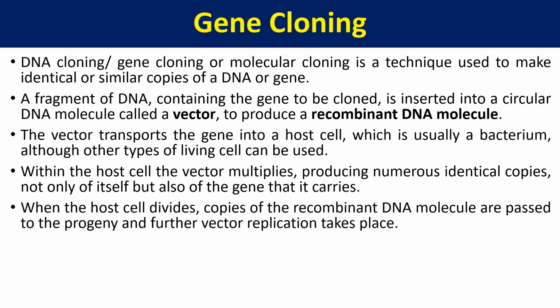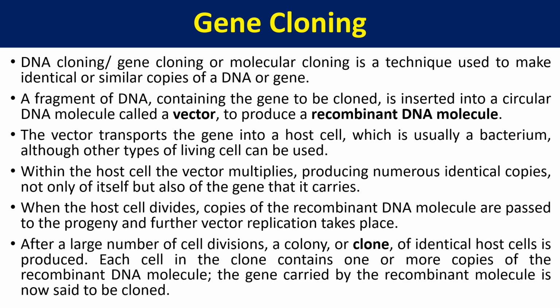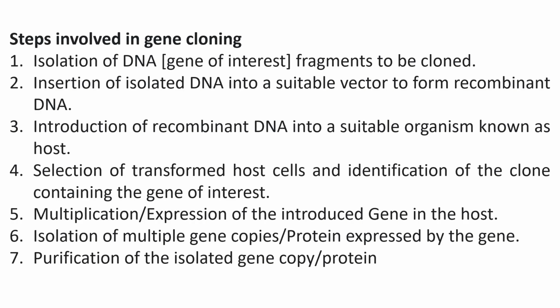When the host cell divides, copies of the recombinant DNA molecules are passed to the progeny and further vector replication takes place. After a large number of cell divisions, a colony or a clone of identical host cells is produced. Each cell in the clone contains one or more copies of the recombinant DNA molecule.